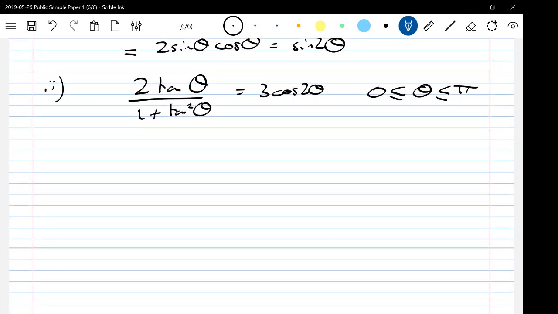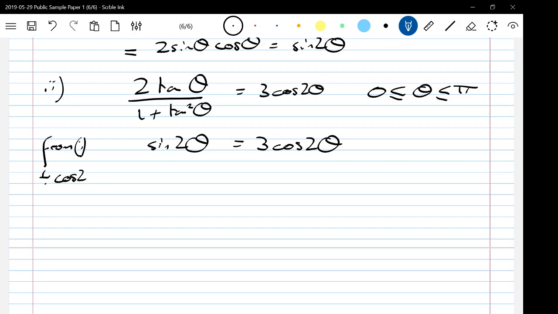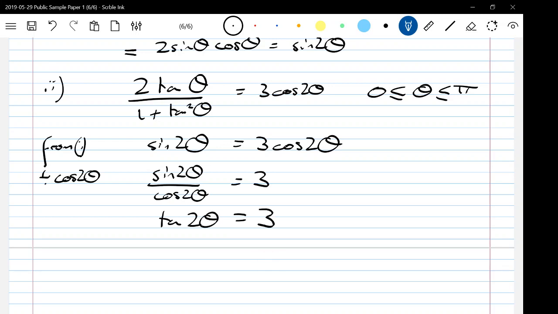Right, so we know that from part 1, this is my little bit of detailed reasoning here, I'm going to say that sine 2 theta is the same as 3 cos 2 theta. I am going to divide both sides by cos 2 theta to get sine 2 theta over cos 2 theta is equal to 3, so tan 2 theta is 3.